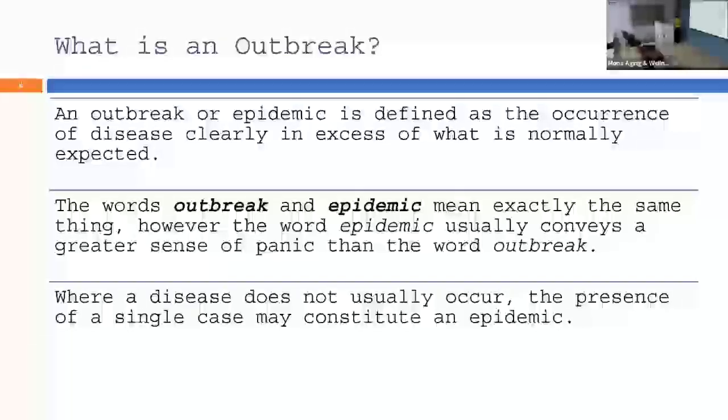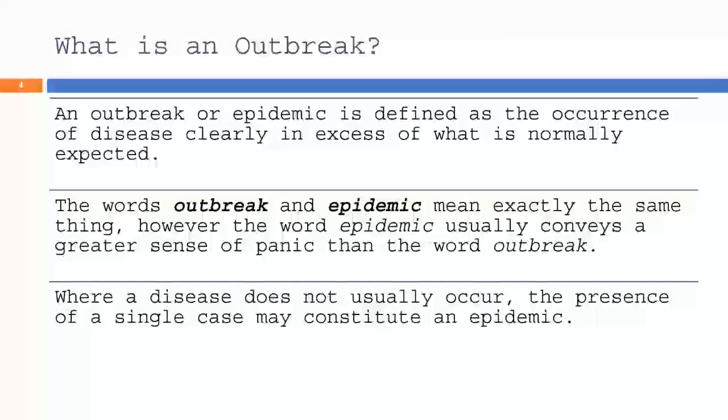They've given the definition: an outbreak or an epidemic is the occurrence of a disease that's clearly in excess of what is normally expected. And when we talk about outbreak or epidemic, it's the same thing. They mean the same thing, but sometimes it is said that when you say epidemic, then it gives a greater sense of panic.